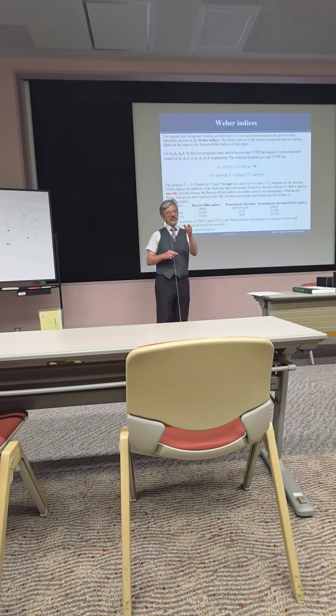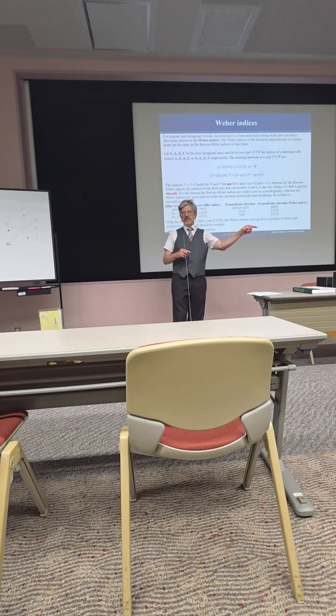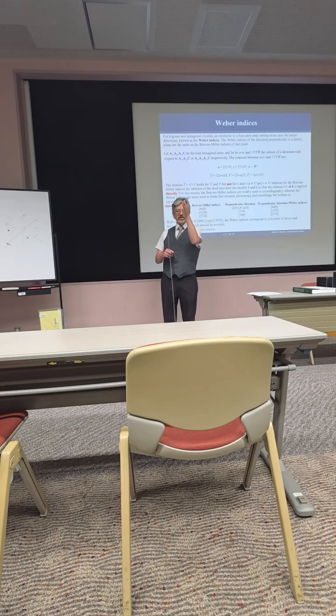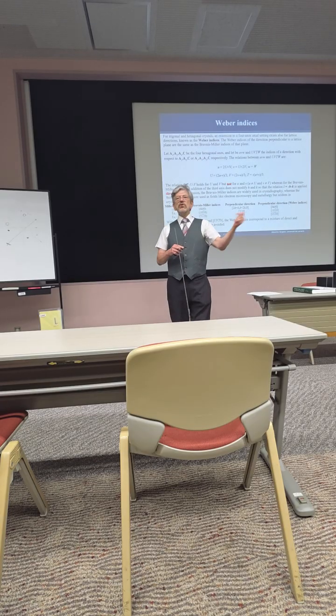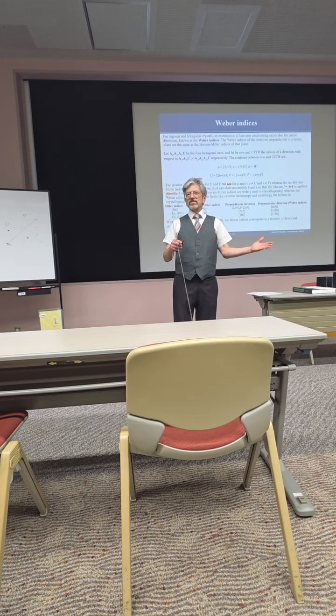So instead of giving the direction indices, Weber indices give the direction of the plane to which the direction is perpendicular. But if it is not a symmetry direction, there is no direction perpendicular to this one.